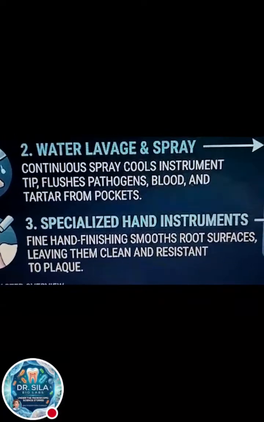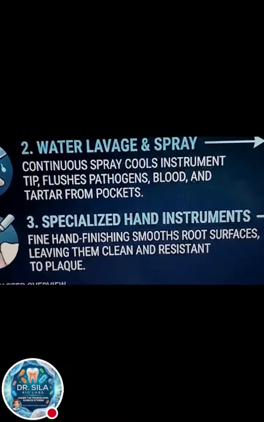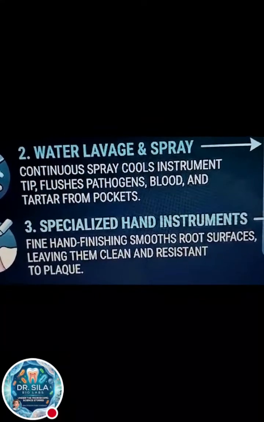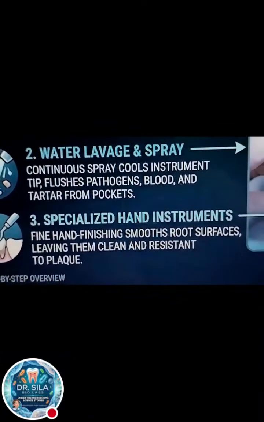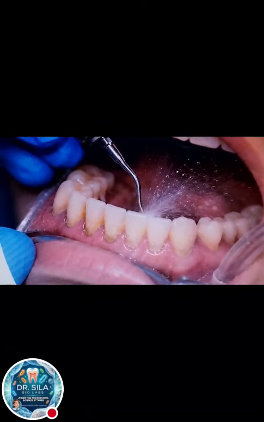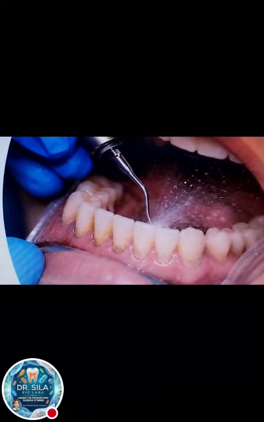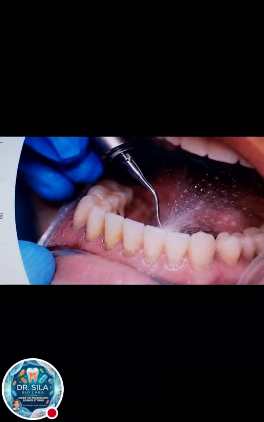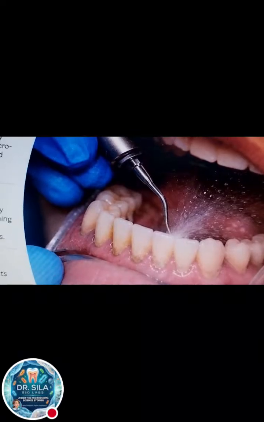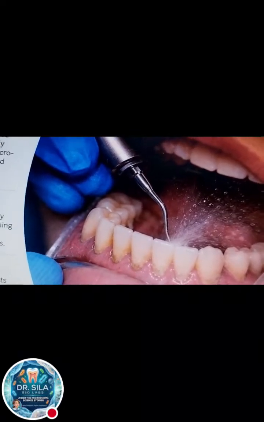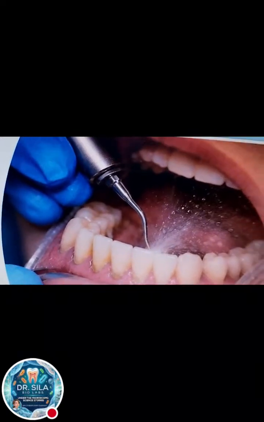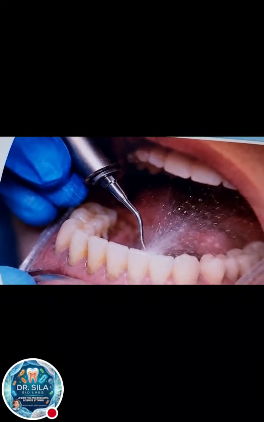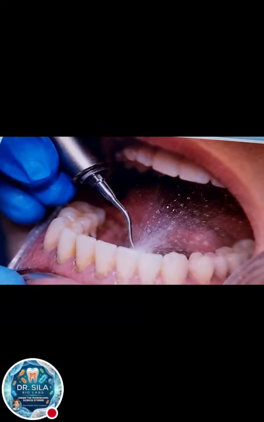Fine hand finishing smooths the root surfaces, leaving them clean and resistant to plaque. We use ultrasonic scalers, water lavage spray, and hand scaling. The goal of scaling is not just to remove what's visible, but to clean where the disease hides. Remove infection source, preserve bone, and gum health protects your natural teeth.